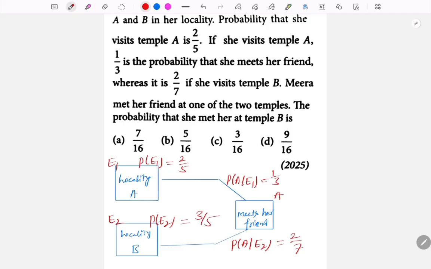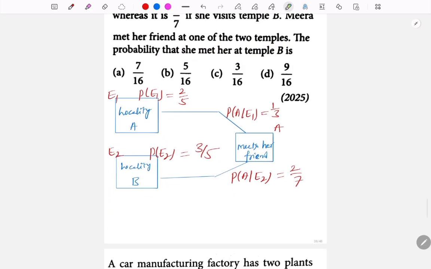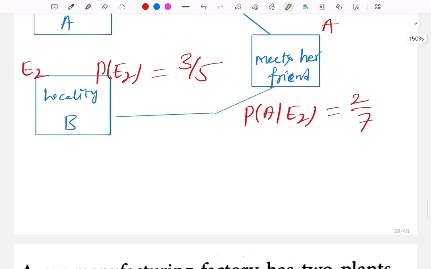Now they are asking the probability of E2 given A. What is "given"? It's a B, right? They are asking E2 when A has occurred. They are asking P of E2 by A. Write down that one formula and substitute those values.